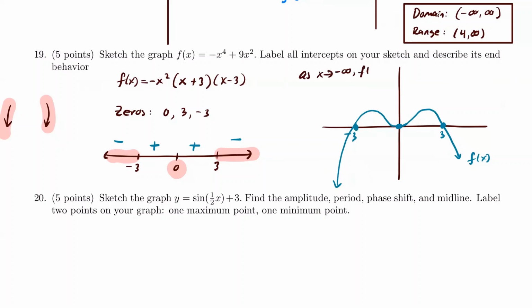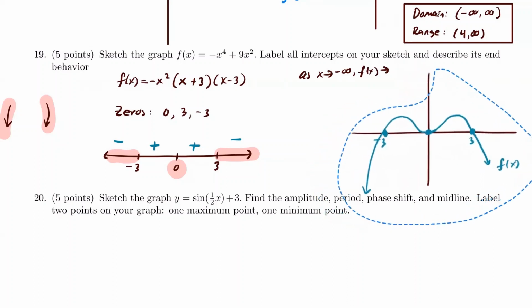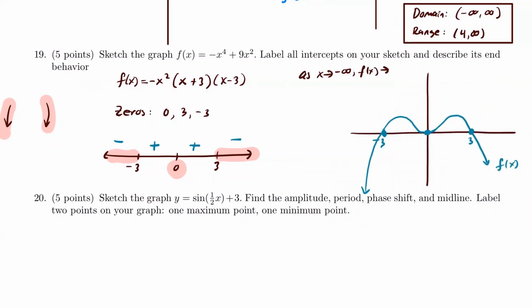So f of x is approaching negative infinity. And as x approaches infinity, f of x is still approaching negative infinity. So it goes down in both directions, as we can see right here. So that will be the description of the end behavior.